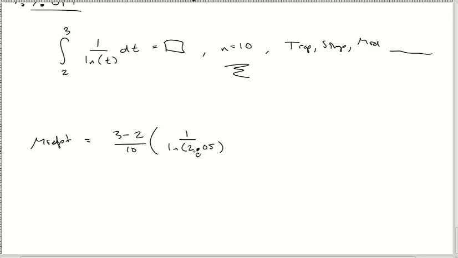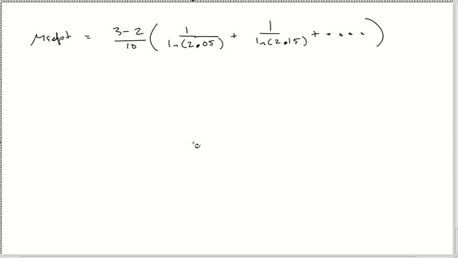The middle between 2.0 and 2.1 is 2.05, then plus 1 over the ln of 2.15, between 2.1 and 2.2, and so on, and it takes forever. And no, I don't want to do that on my calculator. I want to use Excel.